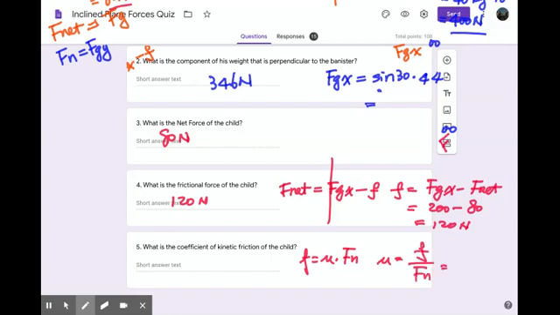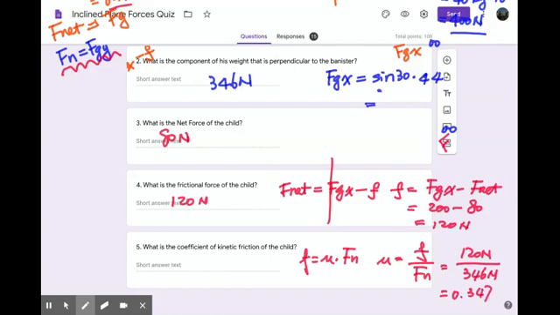Our friction here is 120. And our normal force, remember, is equivalent to Fgy, which is 346 Newton. So 120 divided by 346 is 0.347.